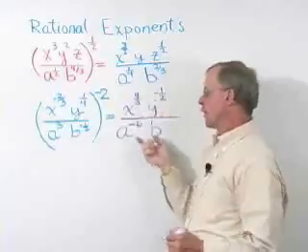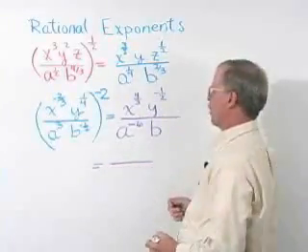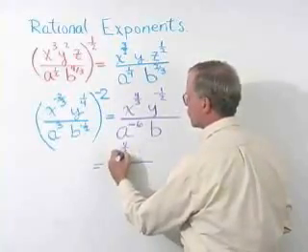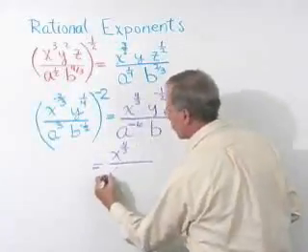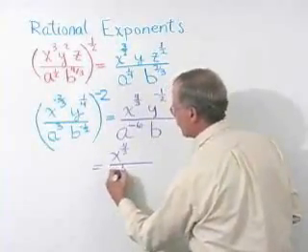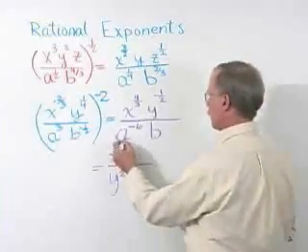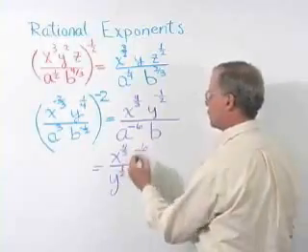We probably wouldn't leave it like this because we do have those negative exponents to worry about. We have x to the 4/3. It's fine where it is. But we have a y to the negative 1/2. When it moves to the denominator, it becomes a positive 1/2 power. And then we have this a to the negative 6, which really belongs up here as a positive 6.